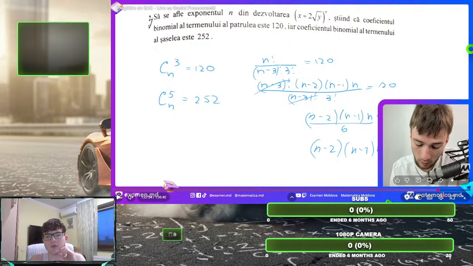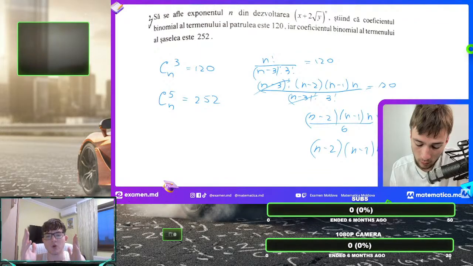Okay, so now we just multiply term by term. I think we need to multiply n minus 2 and n minus 1 first, the thing in parentheses, and then we multiply with n, so it's in order.